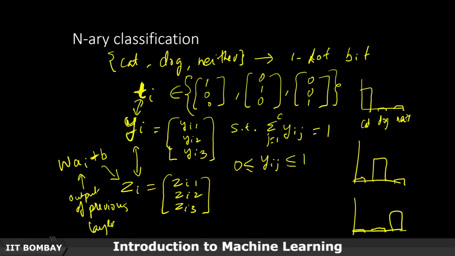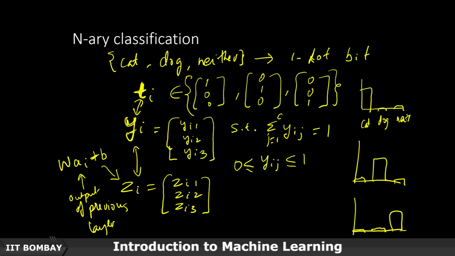The dimension is the number of classes. Now how do we convert this zi, which is the output of a linear transformation of the previous layer, to a probability mass function? We will send this into something called a softmax activation. This is one of those activations which does not work pointwise; it looks at all the other activations also.